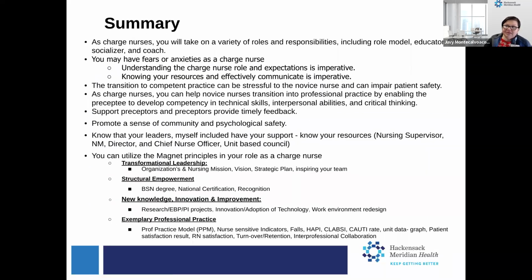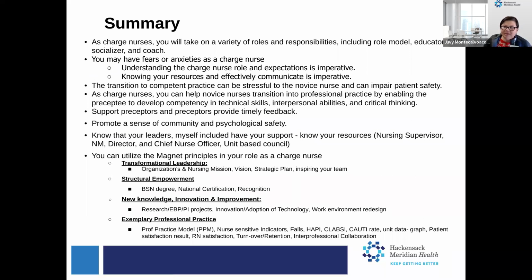So, in summary, as a charge nurse, you will take on a different role. You may have fears or preconceived ideas of what a charge nurse should be, but understanding the charge nurse role, knowing your resources, who you can call, and effectively communicating with your peers would be helpful.